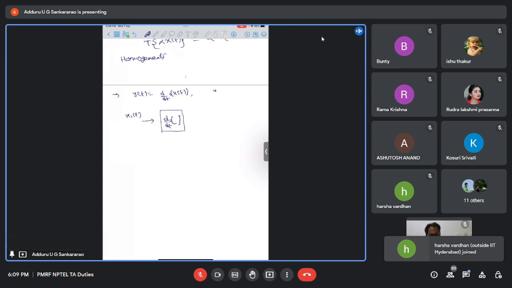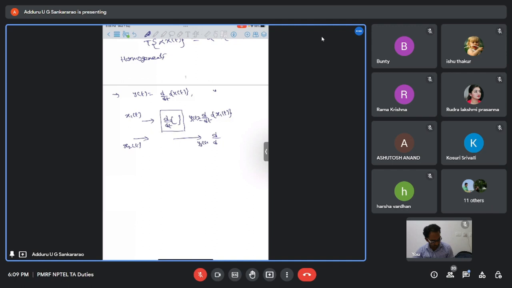Then output is d by dt of x1 of t. Suppose if I am giving another case, I am giving input x2 of t, then output is what? This is y1 of t output. Let us say this is y2 of t, which is d by dt of x2 of t.